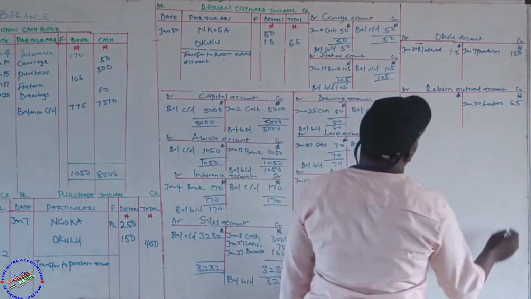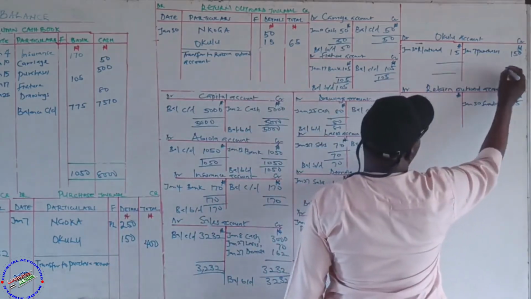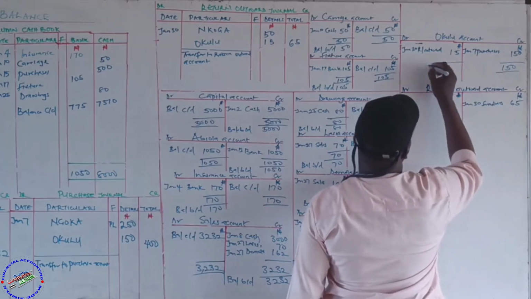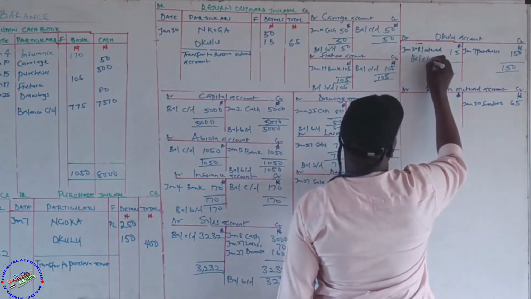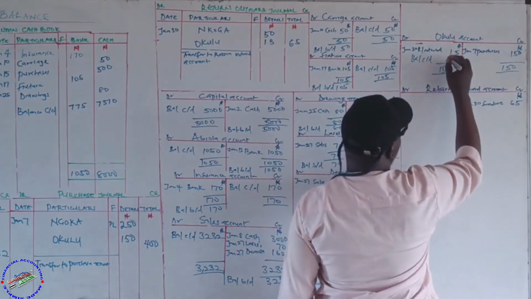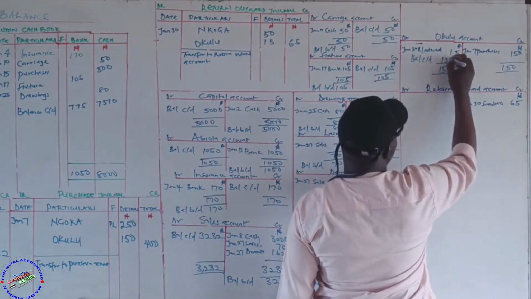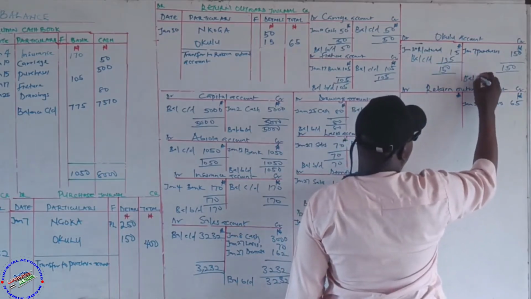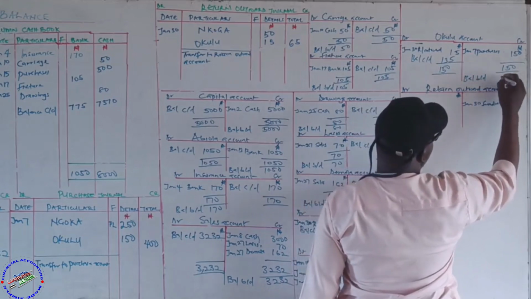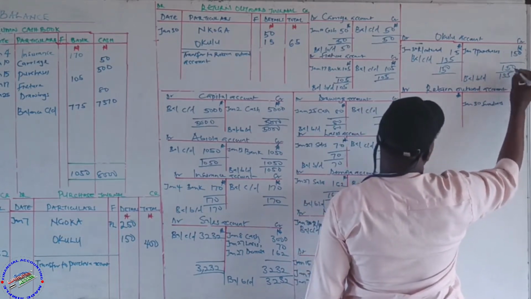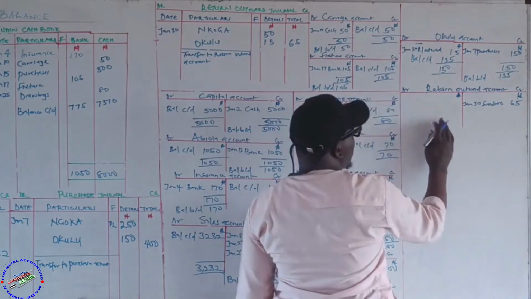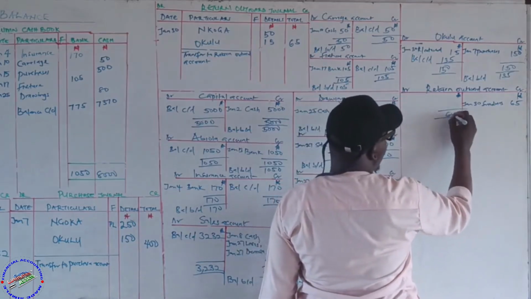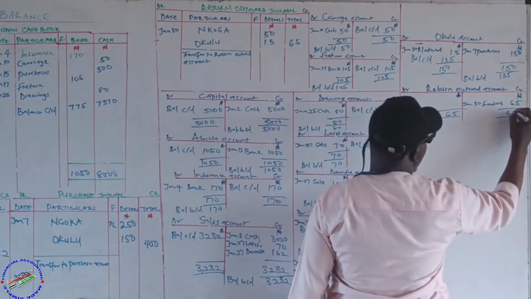And for Okulu, he has 150, 150. So our balance CD will be 150 minus 15, which gives us 135. And our balance BD is also 135. For return, we have 65, 65.